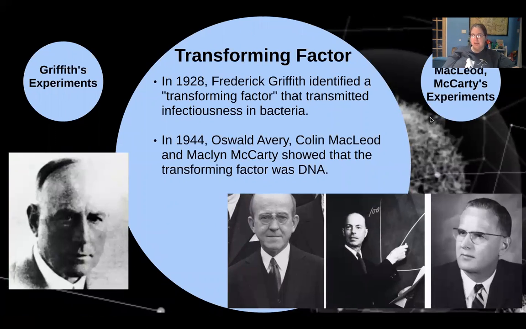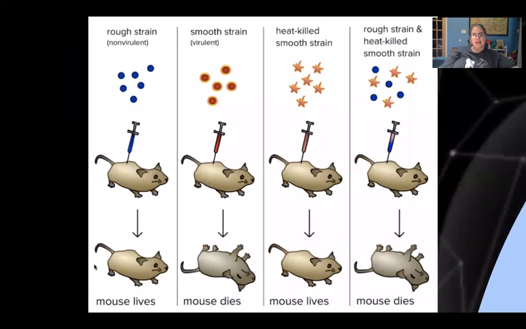Now, skipping ahead again, we have 1928, where Frederick Griffith identified some sort of transforming factor that transmitted infectiousness to bacteria. This right here is Griffith, and this is what he did.